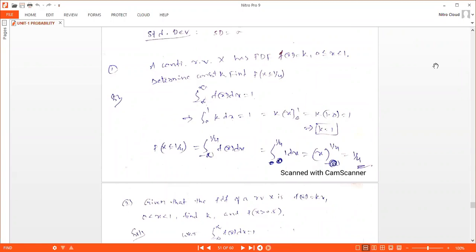To calculate the constant k, we know that the total probability is 1. So here the probability density function is f of x, and the integral from minus infinity to infinity of f of x dx equals 1.